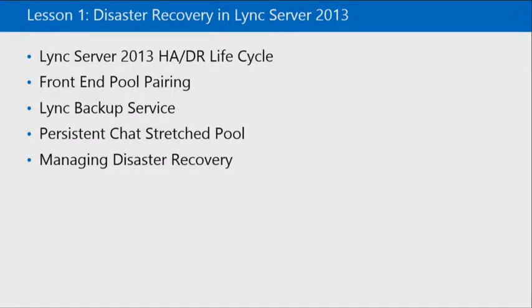That's the Lync backup service, and we'll go over what it does shortly. And then persistent chat, again, we talked about this, and this is the third time. We'll just keep reiterating. Persistent chat isn't part of this same kind of DR solution. It's a stretched pool solution. And then finally, how do we manage what happens in the event of a disaster? What's automated, what's not automated in the process?